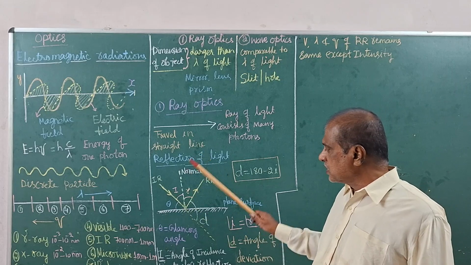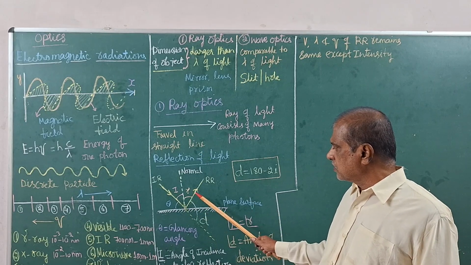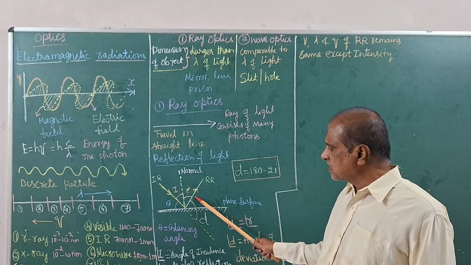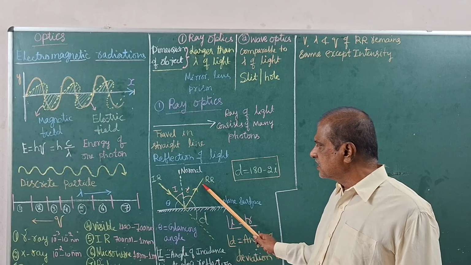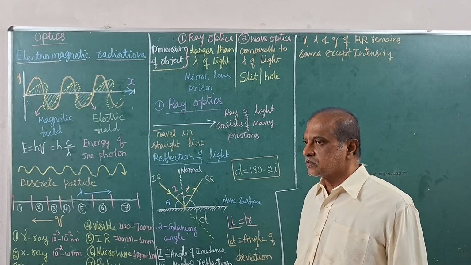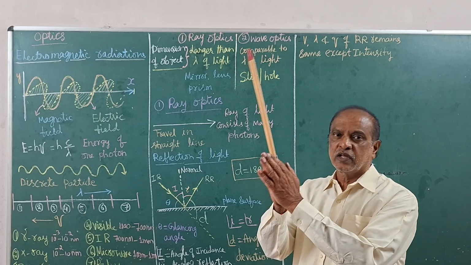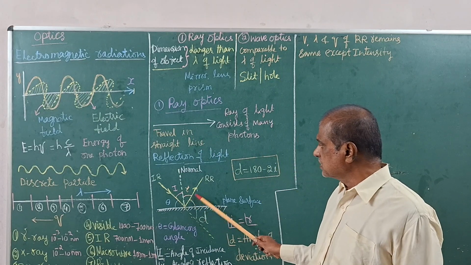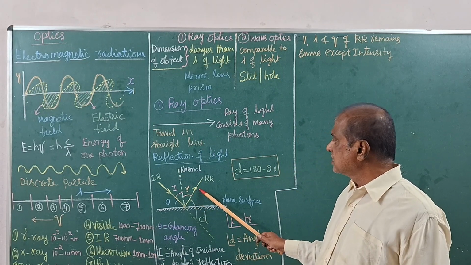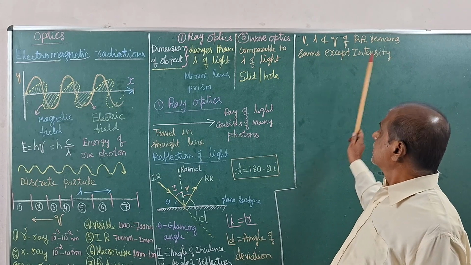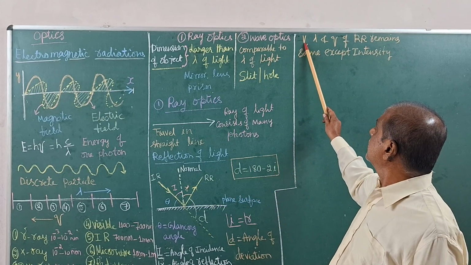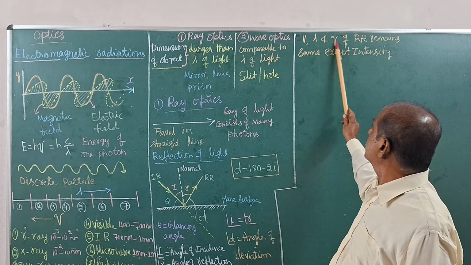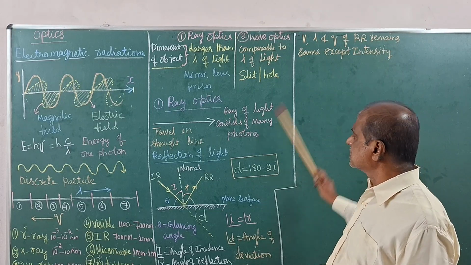So those photons are missing. As a result of losing some photons, intensity decreases, because intensity depends on the number of photons carried through the line. That is the reason the intensity of the reflected ray decreases. Velocity, wavelength and frequency remain the same except intensity.